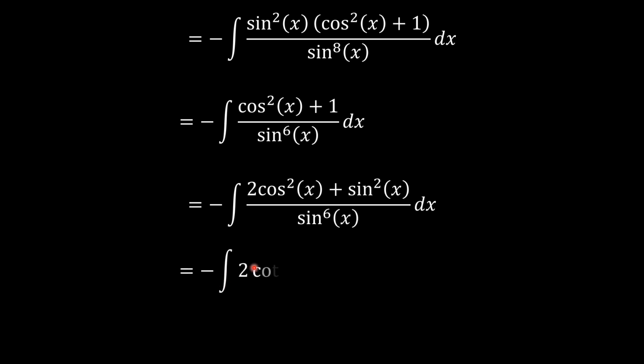That means that now I have negative the integral of twice cotangent squared x times cosecant to the power 4 x plus cosecant to the power 4 x.